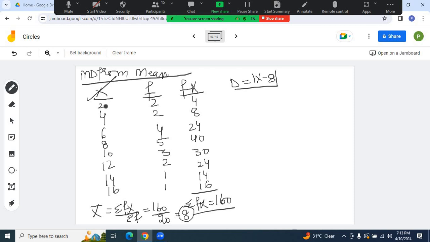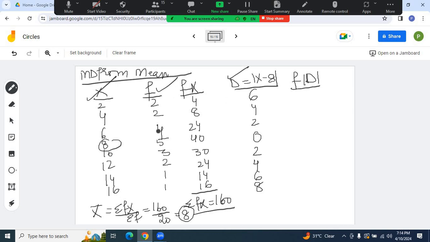This is x. 2 minus 8, 6. 4 minus 8, though it is minus 4, but I told you in the beginning, we are taking absolute values. 4 minus 8, 4. 6 minus 8, 2. 8 minus 8, 0. 10 minus 8, 2. 12 minus 8, 4. 14 minus 8, 6. 16 minus 8, 8. And then the last column is fd.